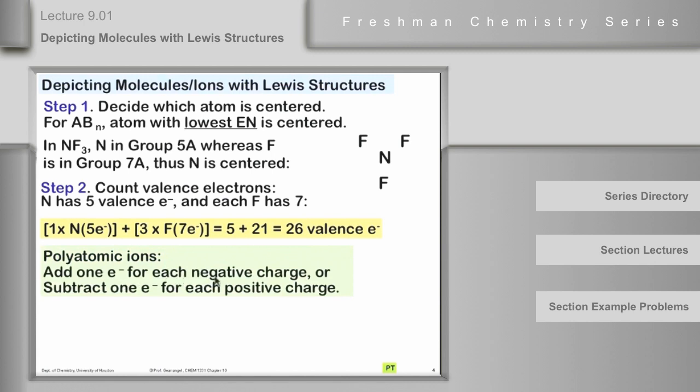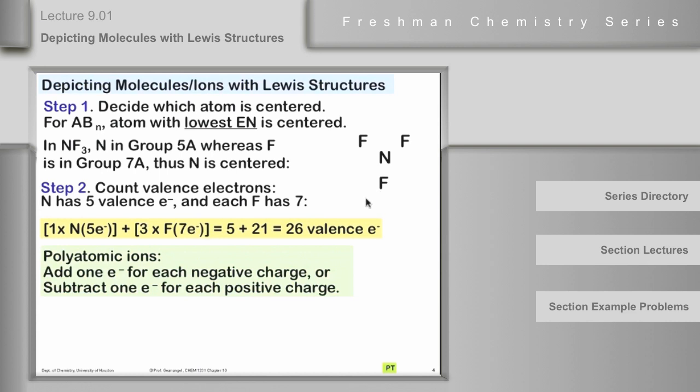If we have a negatively charged polyatomic ion with one negative charge, we add 1 electron, which is the source of that charge. If it's a positive charge, then we subtract 1 electron in order to produce the positive charge. So we don't have a polyatomic ion this time, but we will soon.